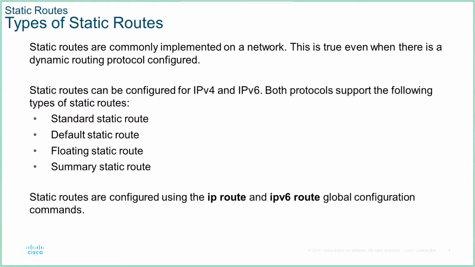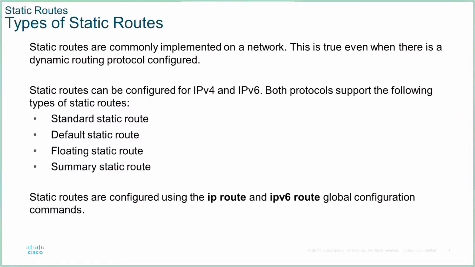So how do these work? Well, we configure them via the IP route command. Now, just as with every other IP change, we have IP version 4 as IP and IPv6 as the v6 version.